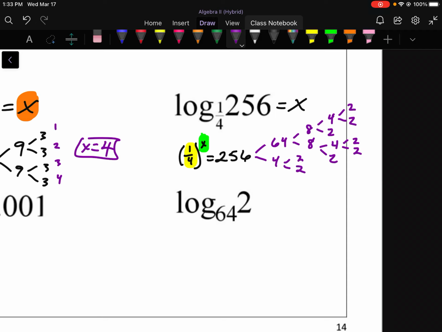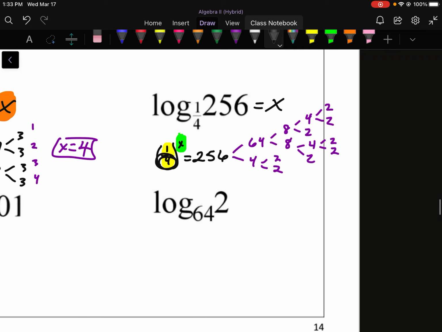Here we want to know how many 4's we have, because our base involves a 4, so we're looking for how many 4's make up 256. Here's 1 four, because 2 times 2 is 4. Here's another, here is another, and here is another. So there's 1 four, 2 fours, 3 fours, 4 fours.